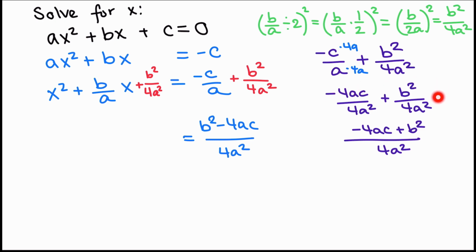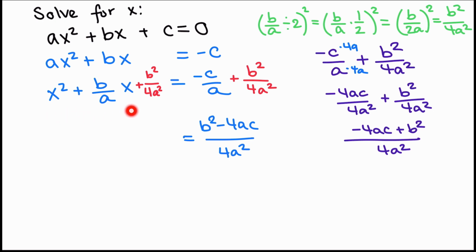And when we add that to b squared over 4a squared, I get negative 4ac plus b squared all over 4a squared. So I'm going to copy that down over to the left. But just because it looks a little bit nicer, I'm going to put the b squared first. So I'm going to write it as b squared minus 4ac all over 4a squared.